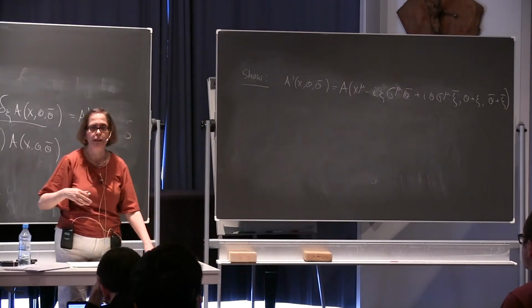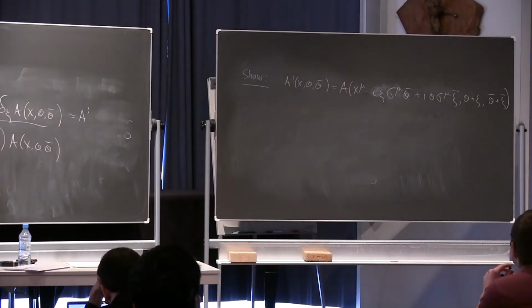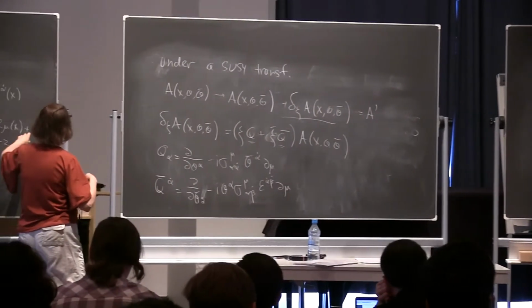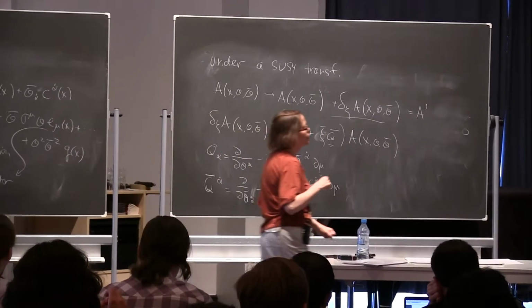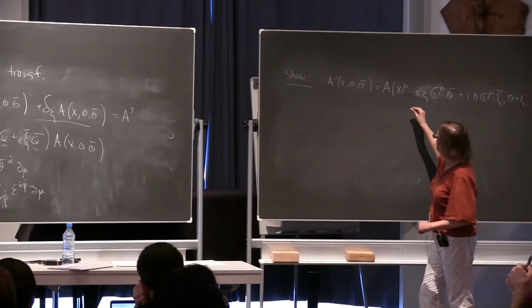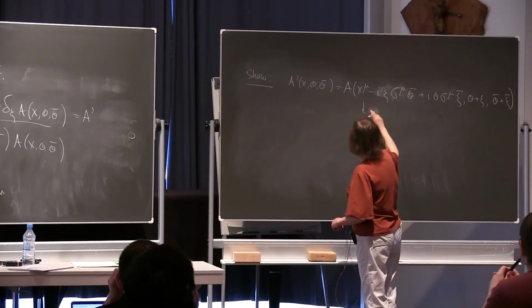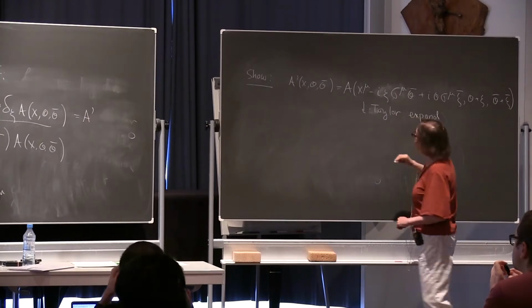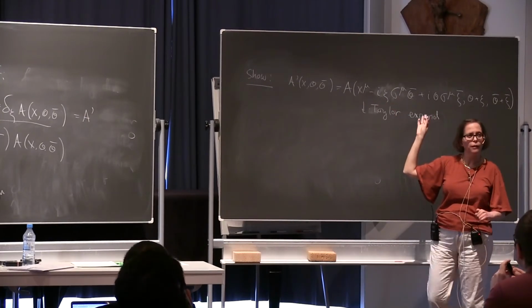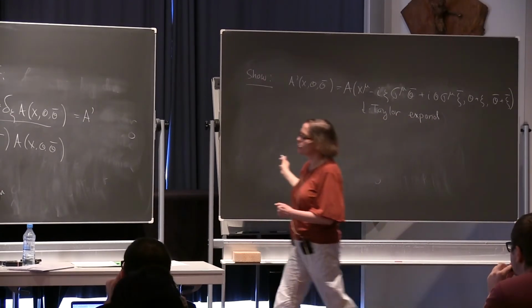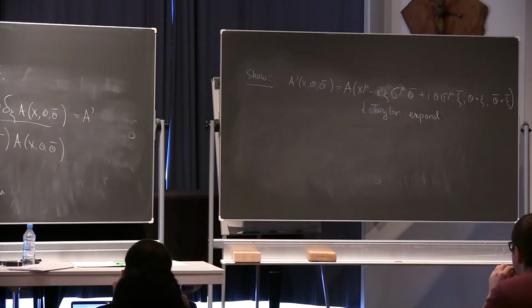How would you go about doing that? The first thing you can do is take this transformation and apply it on this field as it's written here. The other thing that you can do is start with this equation and just Taylor expand. So I can Taylor expand this in theta and theta bar, and I'll get some very long expression, and I can compare that with the result of doing this over here.